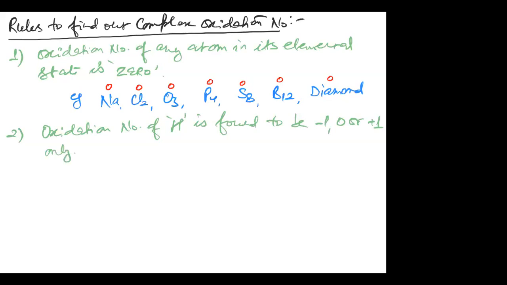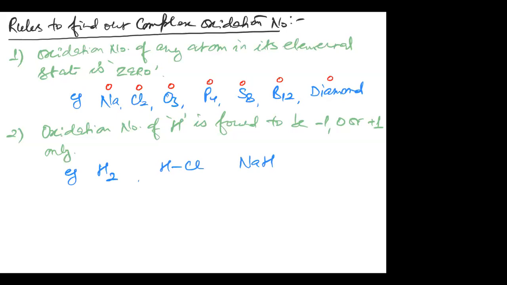For example, hydrogen may combine with itself, with a more electronegative element, or with a more electropositive element. Since its valency is 1 only, it can combine with itself, a more electronegative element, or a more electropositive element.